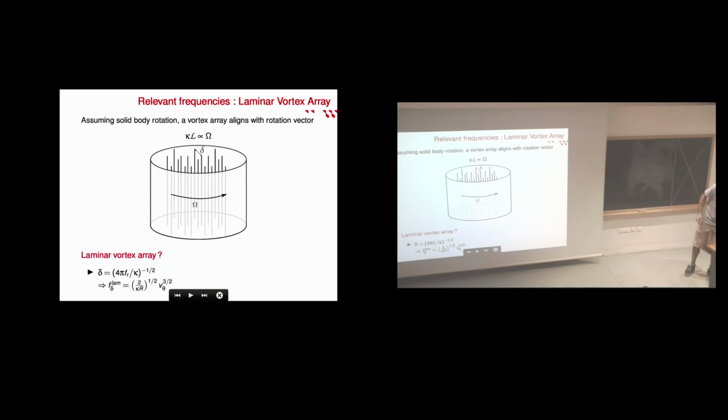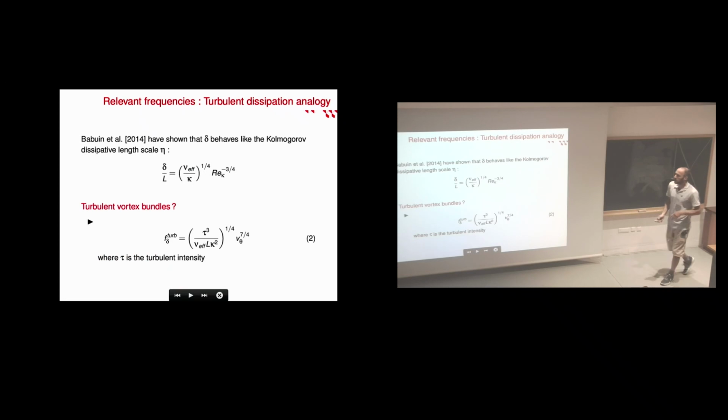So finally, our best candidate to explain this is, as I said, to look at vortex bundles in turbulent situations. What we know is that the intervortex distance behaves pretty much like eta, which decreases with the Reynolds number to the power 3/4.